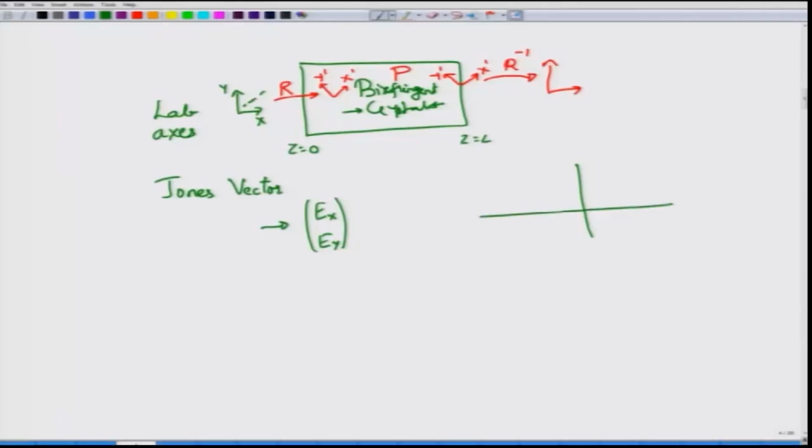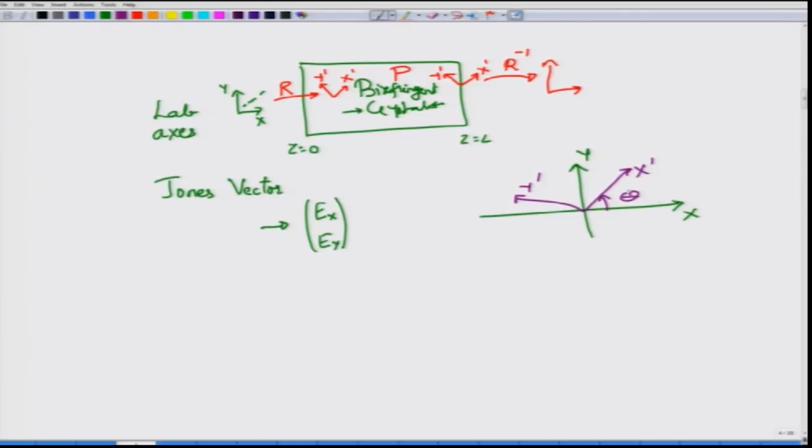So, you have to go from x y axis to x prime y prime axis, and these two axes are related like this. This is x and y, and you have x prime and y prime axis here. X prime and y prime axis are at an angle of theta, where theta is the rotation angle, the offset angle between the lab and the crystal reference frame.